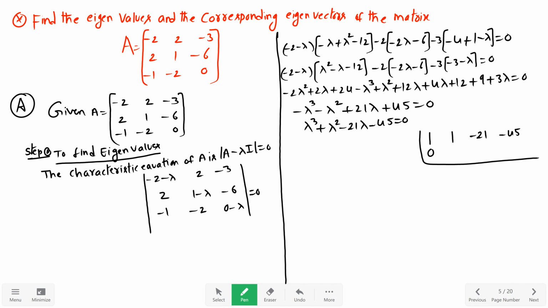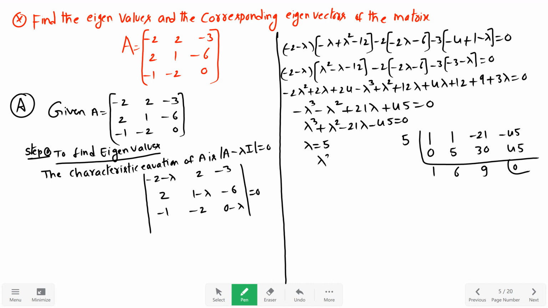Try 5: 1 times 5 is 5, plus 1 is 6, 6 times 5 is 30, minus 21 is 9, 9 times 5 is 45, plus minus 45 is 0. One root is lambda equal to 5.